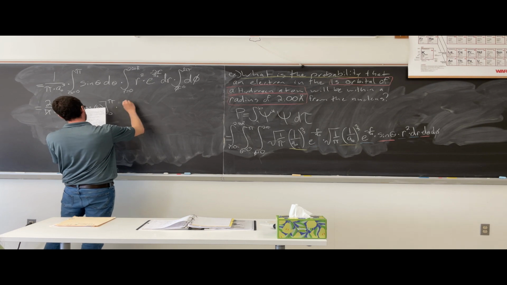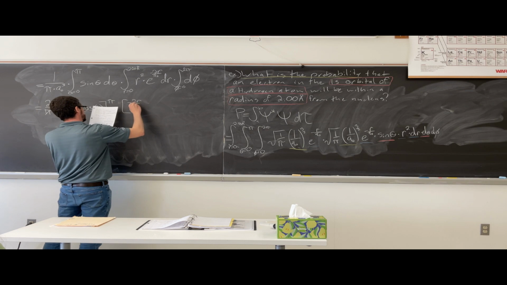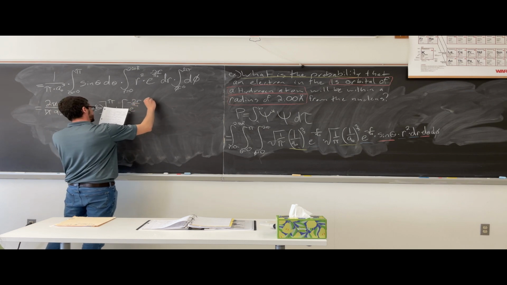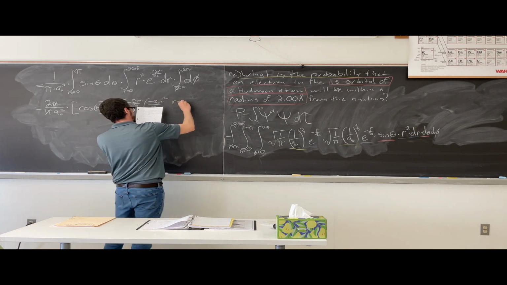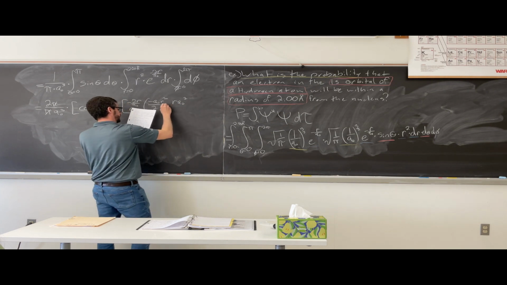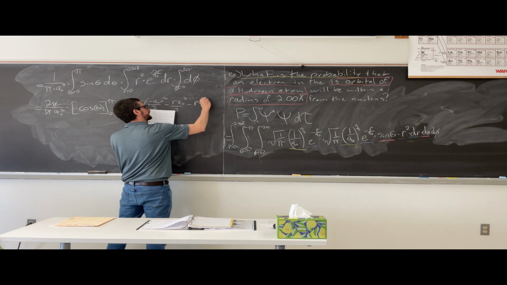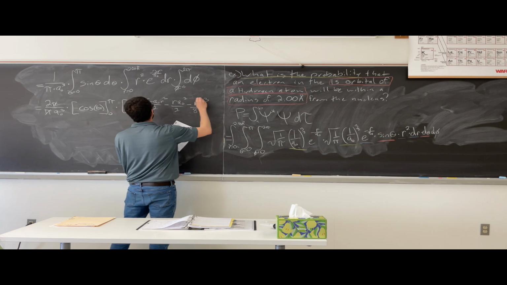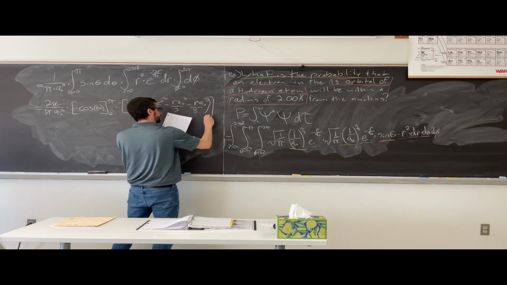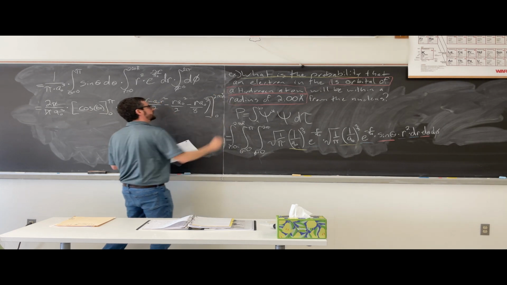But what it ends up being is e to the negative 2r over a naught, negative a naught r squared over 2, r a naught squared over 2, r a naught to the third over 8, evaluated from 0 to 2 angstroms.